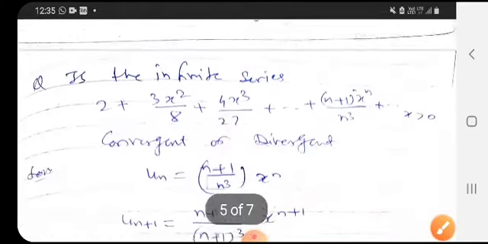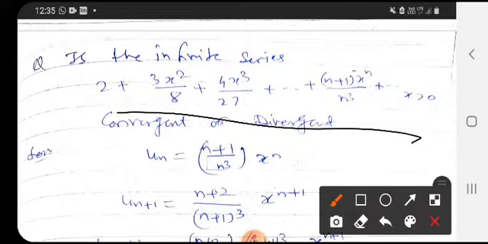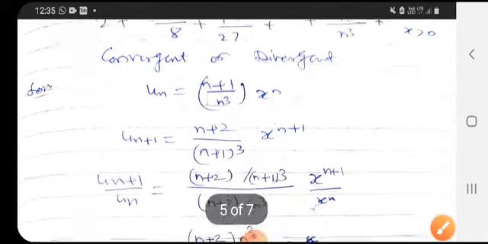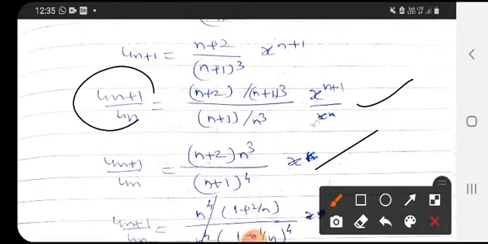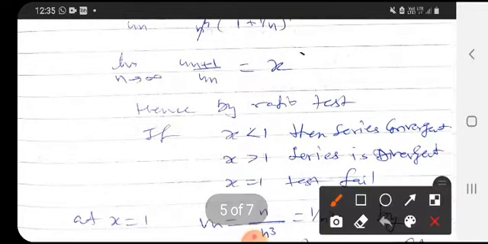Is this series convergent or divergent? We have this series un is equal to n plus 1 divided by n cube x to the power n, and un plus 1 is this. Putting n is equal to n plus 1, we take un plus 1 upon un and get this, and limit n tending to infinity un plus 1 upon un is x.